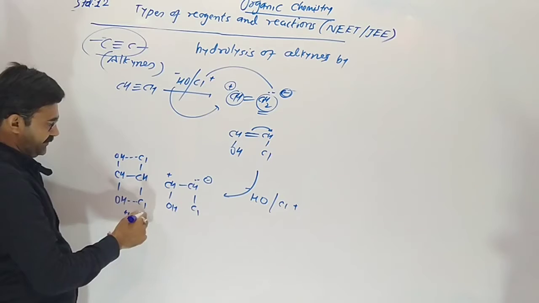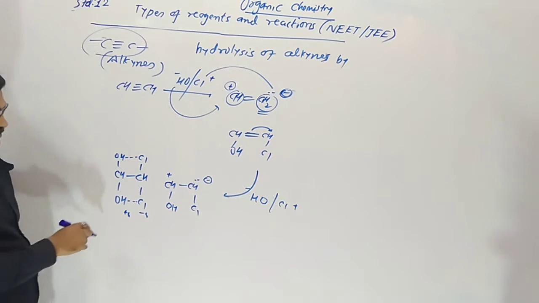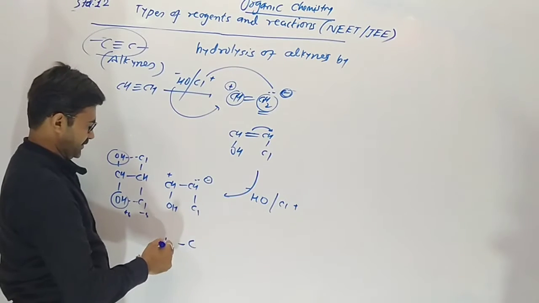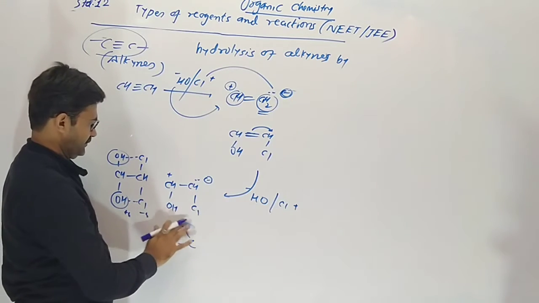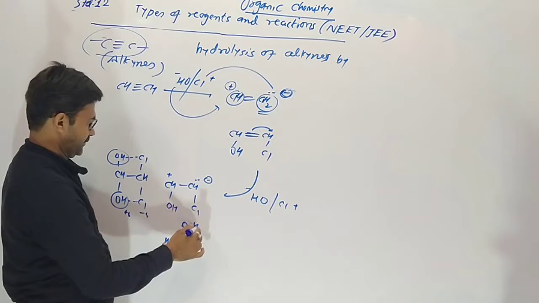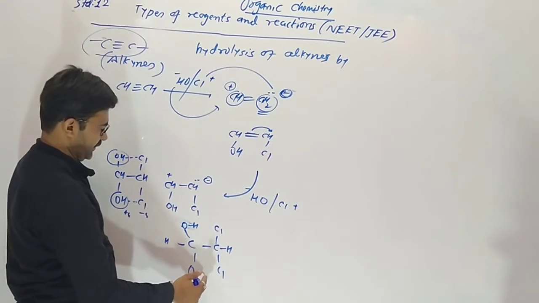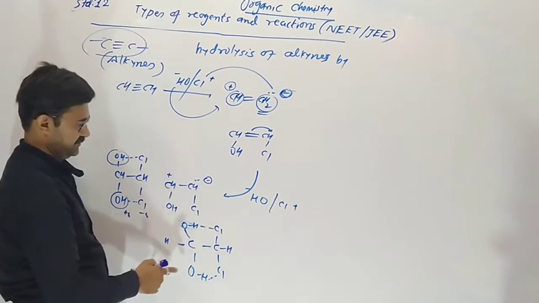Polar attraction between them. Actually two OH on the same carbon are unstable, but here it is stable due to polar attraction between chlorine and hydrogen.